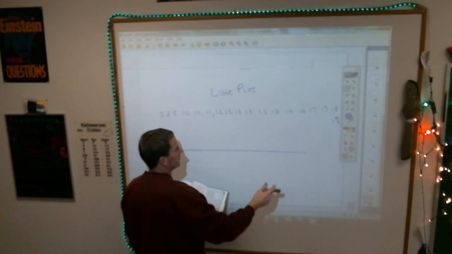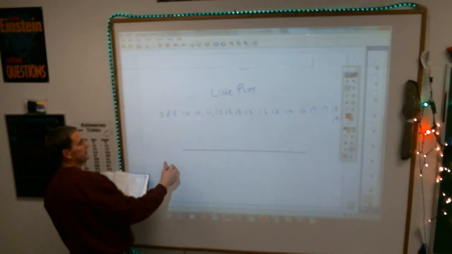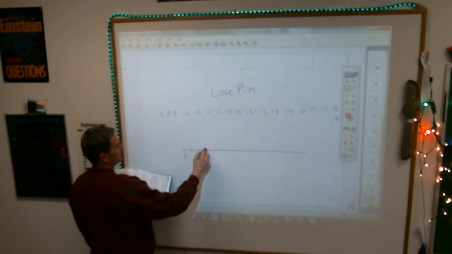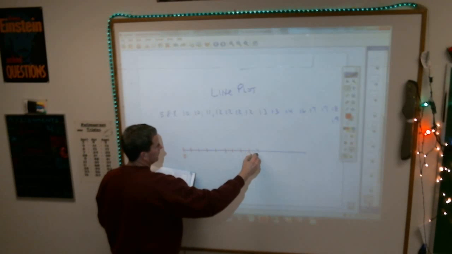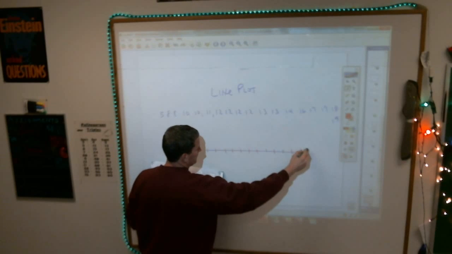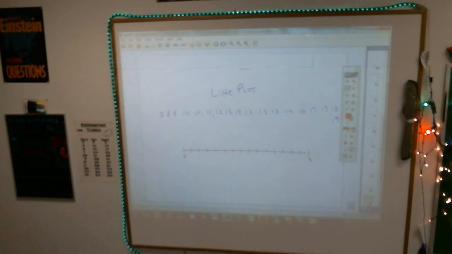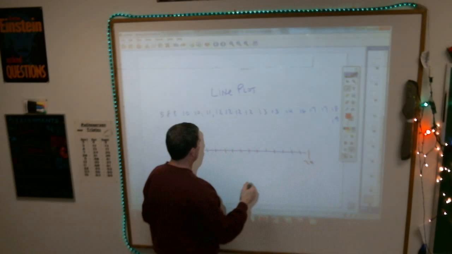And if you remember, the whole line plot went like this. I need to mark off from 5 to 19 there, so 5, 6, 7, 8, 9, 10, 11, 12, 13, 14, 15, 16, 17, 18, 19, 20, and then what do you do? You put an X above each number where it's represented.